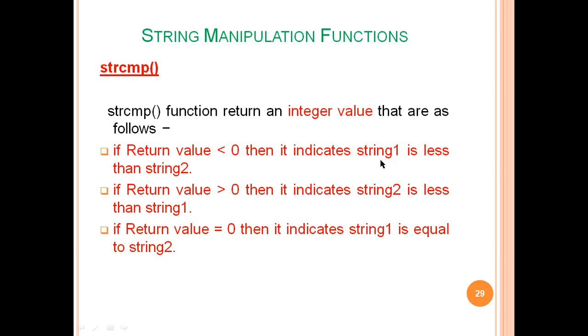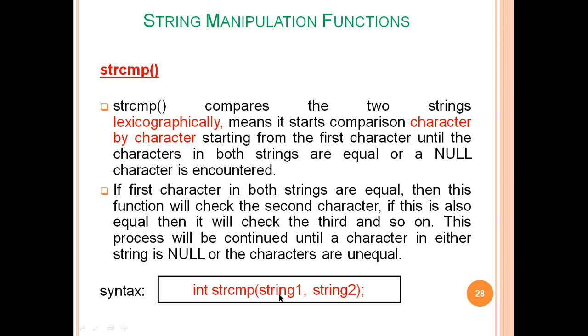And if the first string is smaller than the second string, it is less than 0, which is negative. I repeat: if string 1 and string 2 are the same, it returns 0. If string 1 is greater than string 2, it returns a positive value. If string 1 is smaller than string 2, it returns a negative value, less than 0.